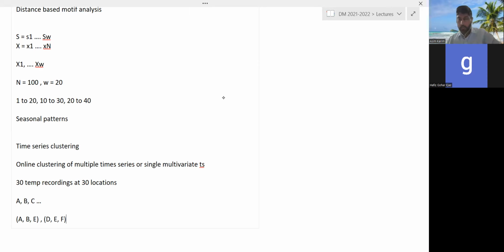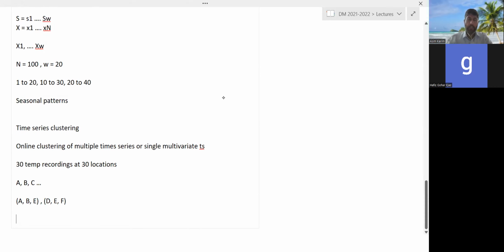Okay. So typically what we will do is take a window of time. Let's say these recordings are daily recordings, so we take a weekly window of 1 week. When you say you have a window of 1 week, you now have data which is 30 by 7. 30 by 7 meaning that you have 30 locations and 7 time periods.